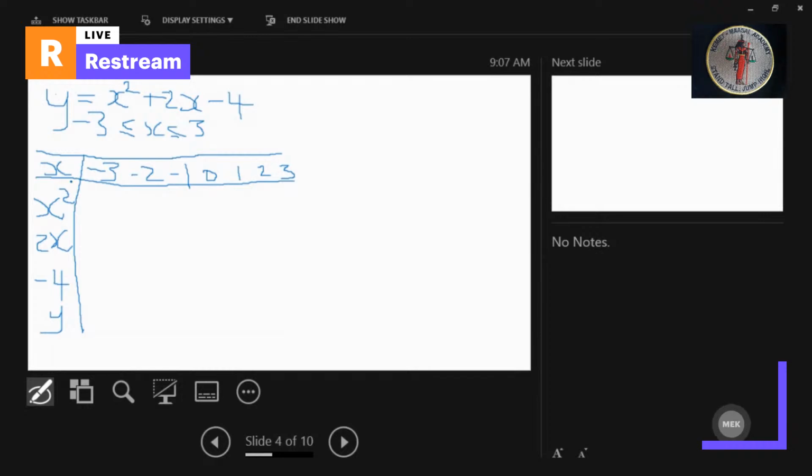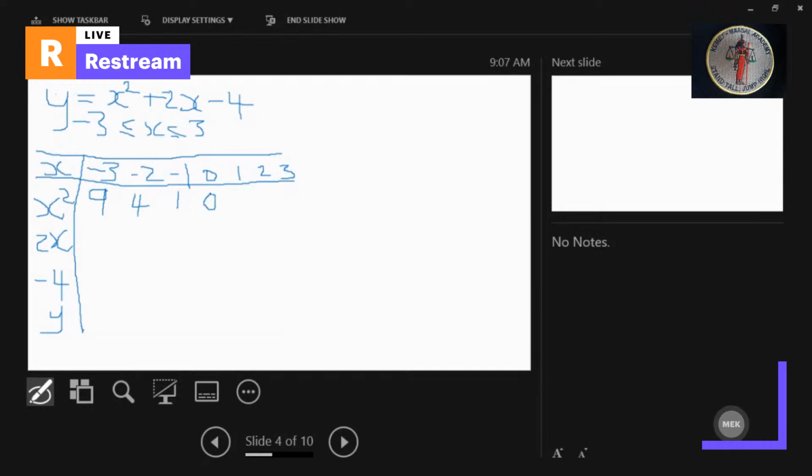The first thing we do is square our x values. Remember, when you're squaring a number, you're multiplying it by itself. So if we have negative numbers being multiplied by themselves, -3 times -3, the answer is going to be +9. And -2 times -2 will give +4. -1 times -1 is +1.